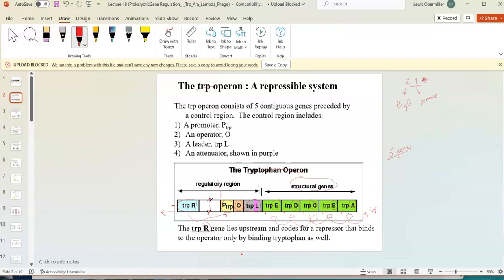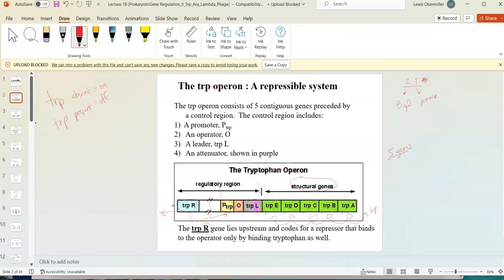So this is the exact opposite of the lac operon, because here we want to turn on the genes to make tryptophan when tryptophan's absent. So in this case, tryptophan is absent, we want it on. If tryptophan's present, we don't need to make more tryptophan, so this operon is off.